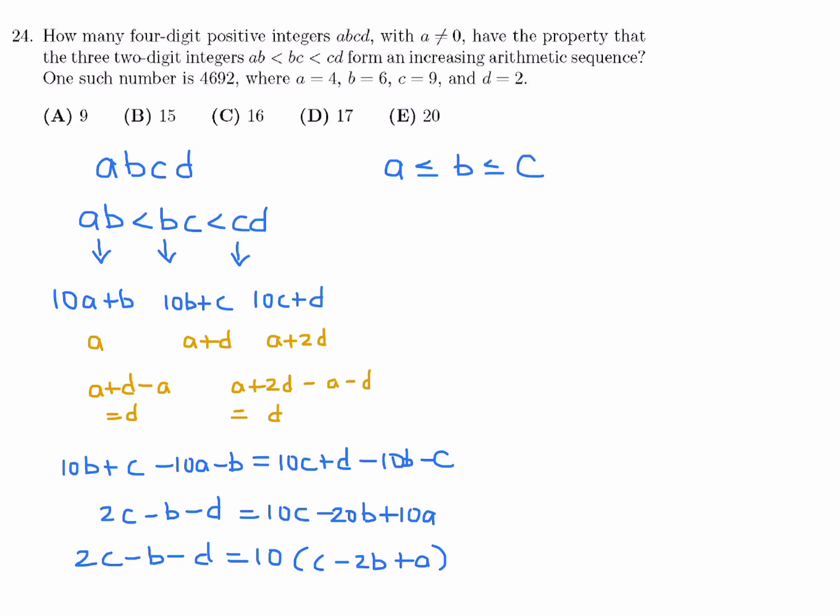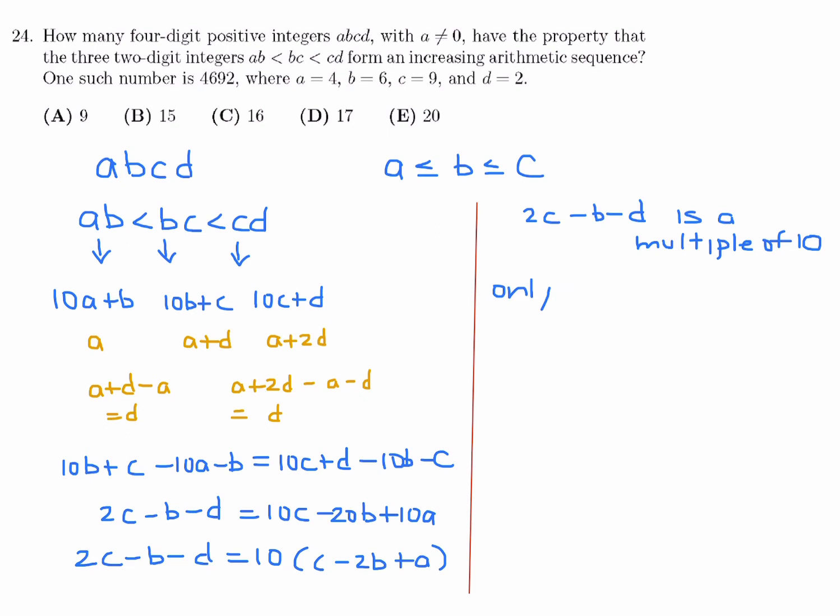All right. So at this point, we have to start thinking, what is it that we can actually do with that information? It's nice to have it factored, but does it help us? Well, obviously 2c minus b minus d, which is the left side, is a multiple of 10. And what that does is gives us a few limited cases.